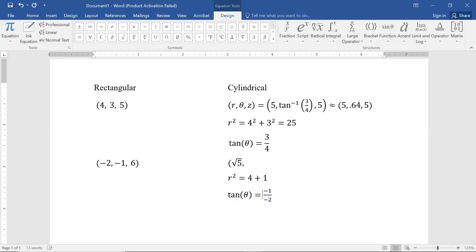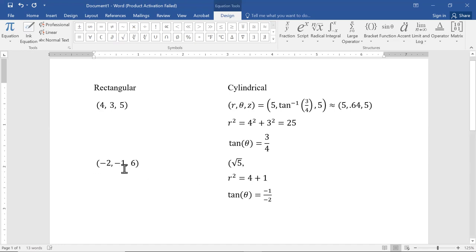However, the way that inverse tangent works on most all calculators is that inverse tangent is going to give me the angle that is in the first quadrant in the xy plane.